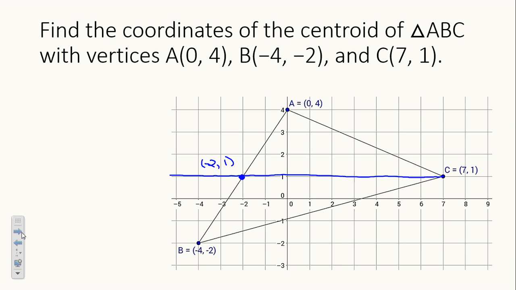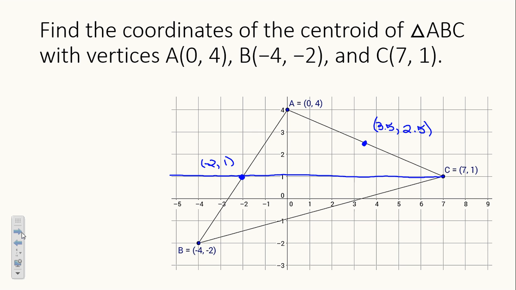You want to find the midpoint of BC or AC? AC. Okay? Add up the x's. 7 and 0 divided by 2. Add up the y's. 4 plus 1 divided by 2. So 3.5 over, 2.5 up.